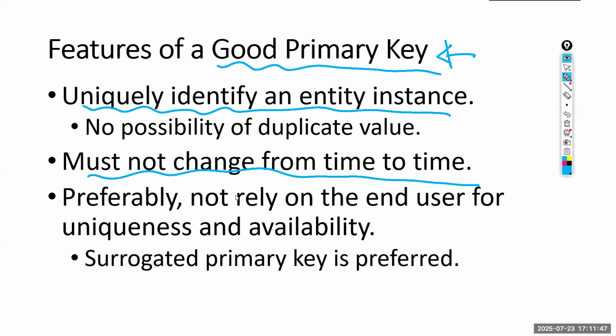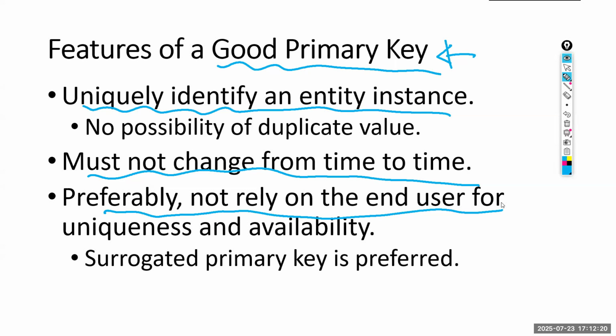Also, you must not rely on the end user to provide the primary key value. That is why surrogate keys are better. For example, say you are using the NIC number as the primary key. If a particular person says, okay, I can't remember my NIC number, how do you insert that record? That person says, I can't remember, or I'm not very sure about my NIC number.